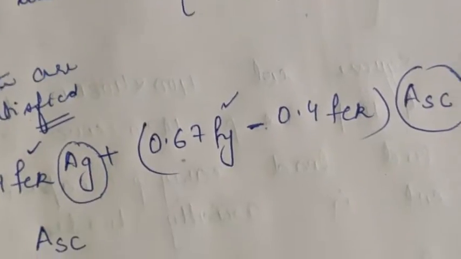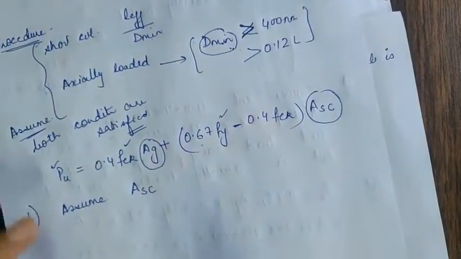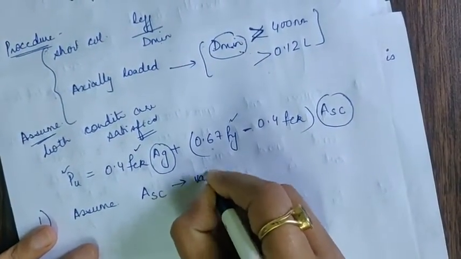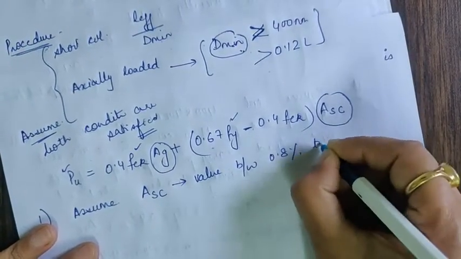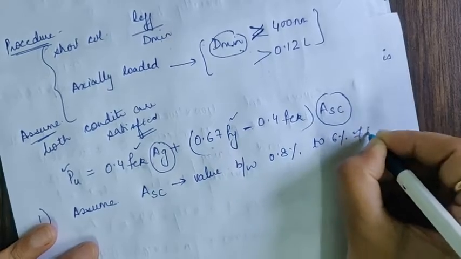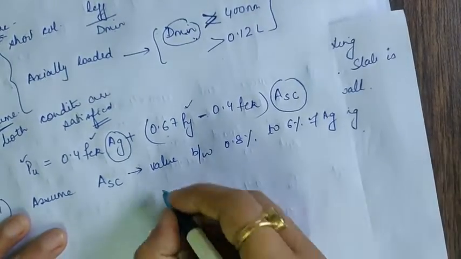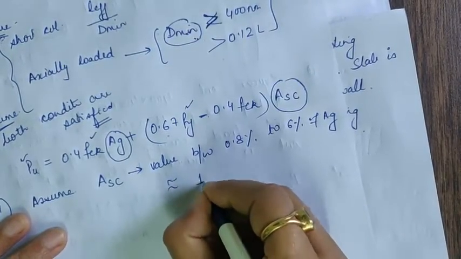Generally, I assume a value between 1 to 2%.